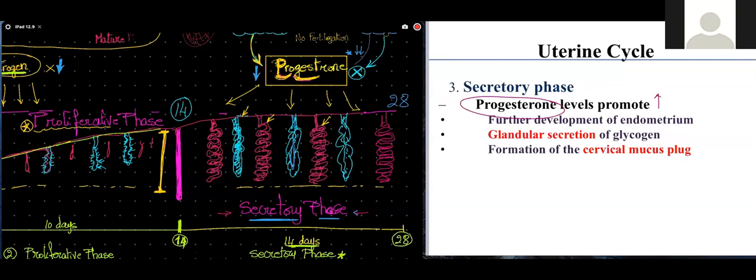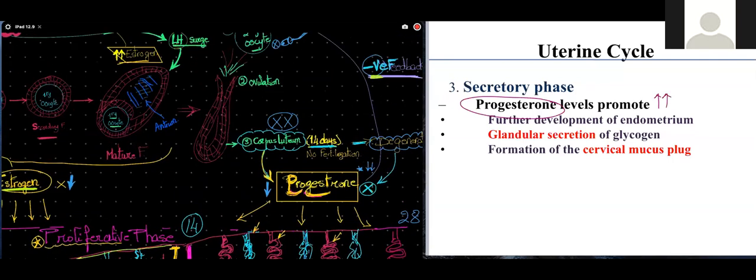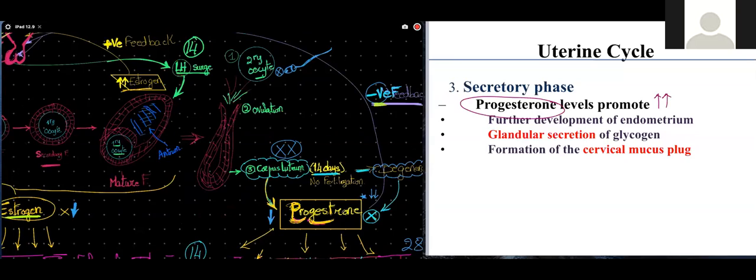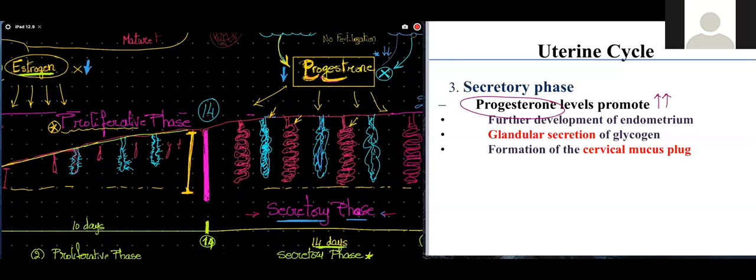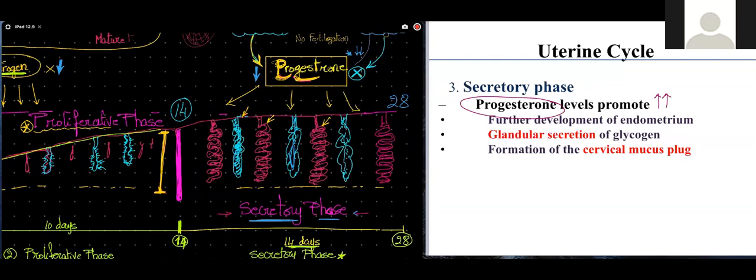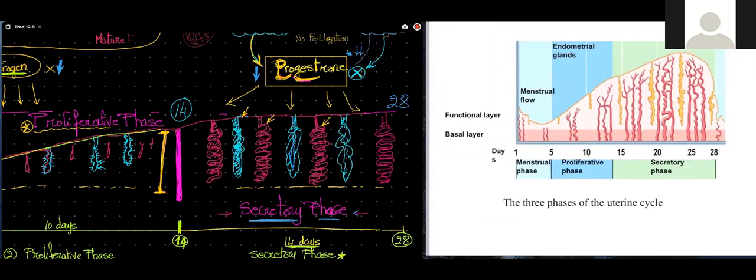Progesterone levels are high due to the presence of the corpus luteum in the ovary. This is going to be enhancing further development of the endometrial lining, stimulating the glandular secretion and engorging the blood vessels and filling them with blood.